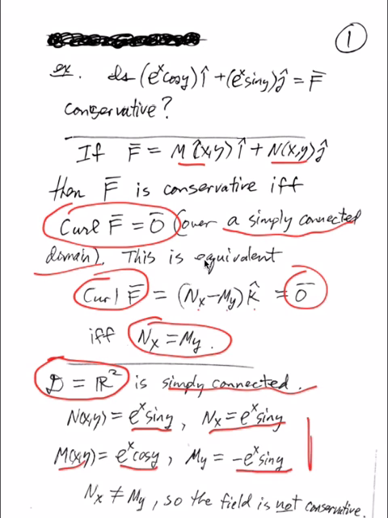These two are not equal, so the field is not conservative. So if you're going to integrate along a curve, around a circle for example, generally, not always, but generally, you would get something other than 0.